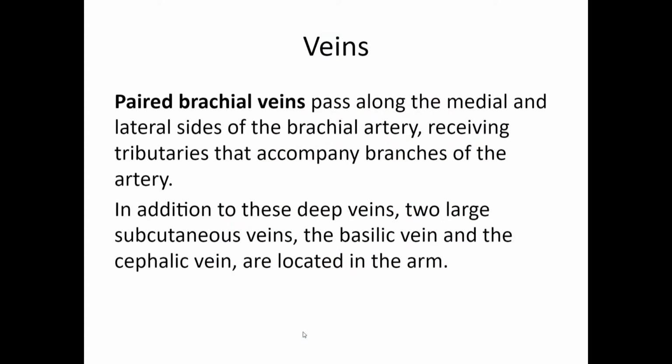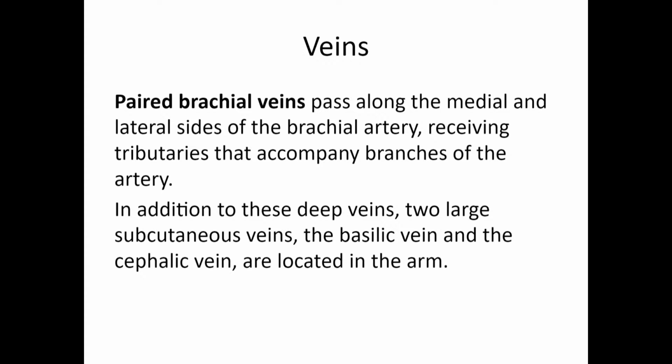So now talking about the veins of the arm, right? We are having paired brachial veins that pass along the medial and lateral side of the brachial artery, and they are receiving the tributaries that accompany the branches of the arteries.